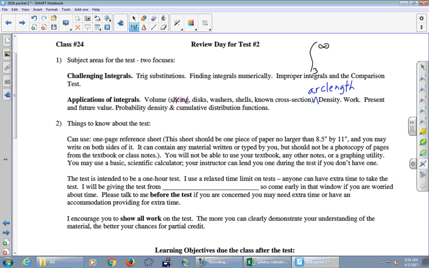Okay, so to be clear, in terms of the slicing stuff, there are only 2 kinds of problems where you can use a magic integral and not demonstrate your understanding of slicing. Arc length and probability.